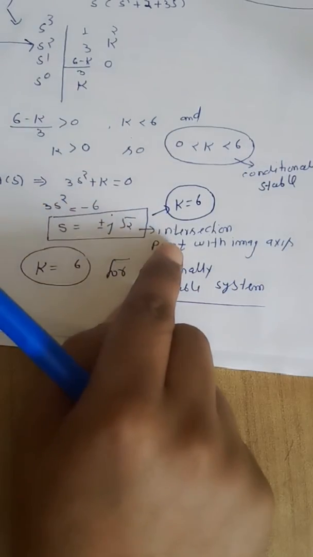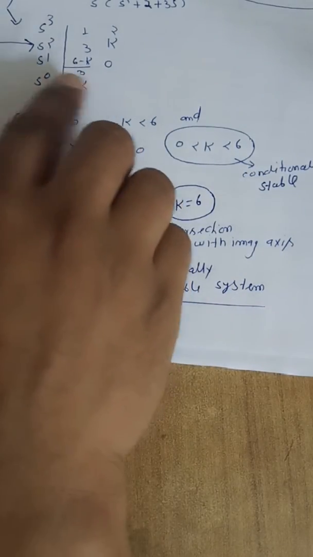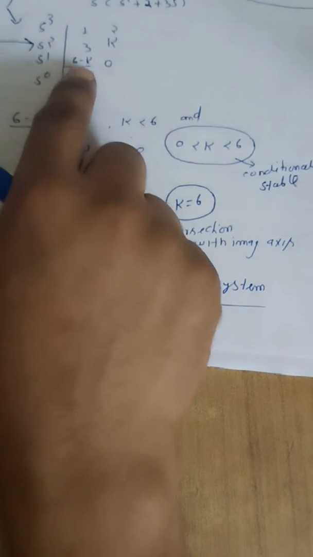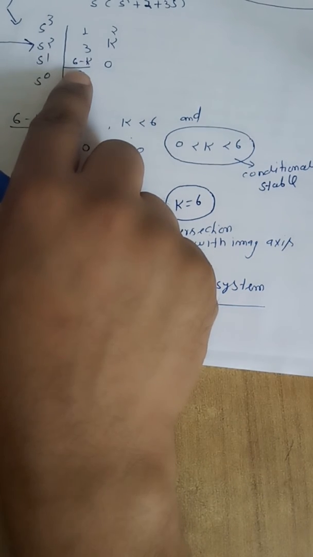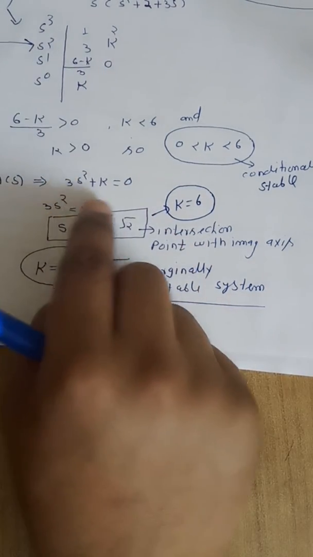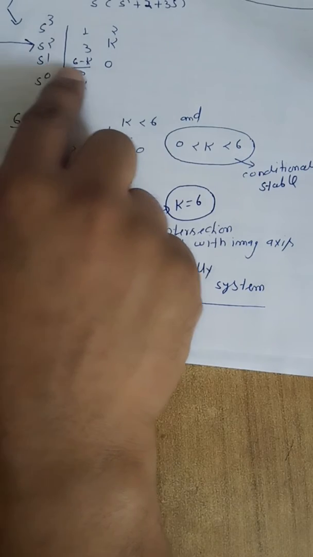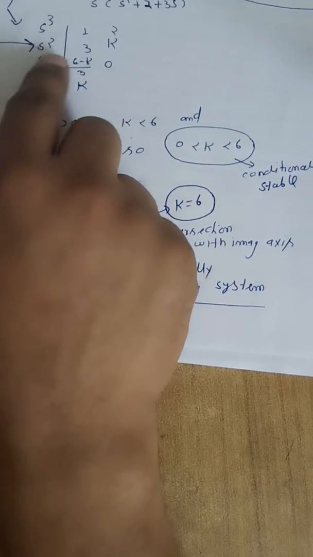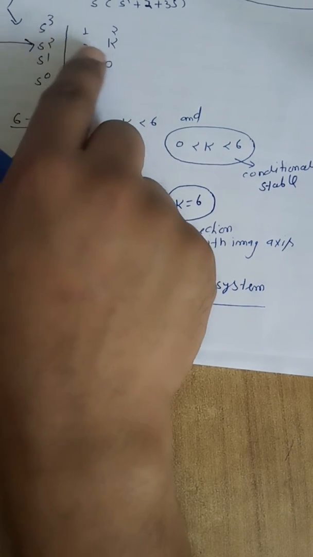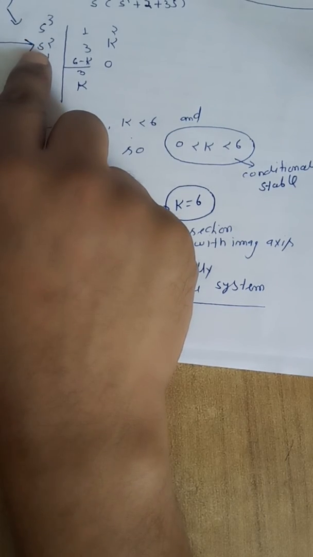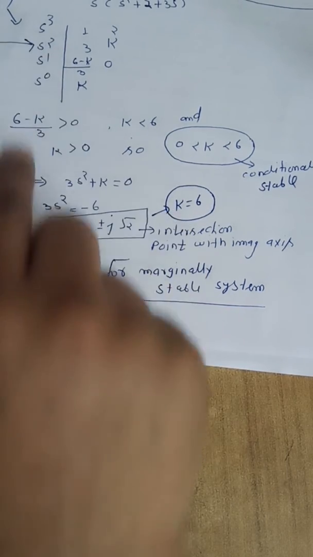Marginally stable system के लिए k की value 0 होगी last row से, या फिर k की value 6 होगी from s1 row. तो जब k की value 6 होगी, s1 row completely 0 होगी. That's why we can define the auxiliary equation from the previous row. So we can define the auxiliary equation with the help of row s to the power 2.